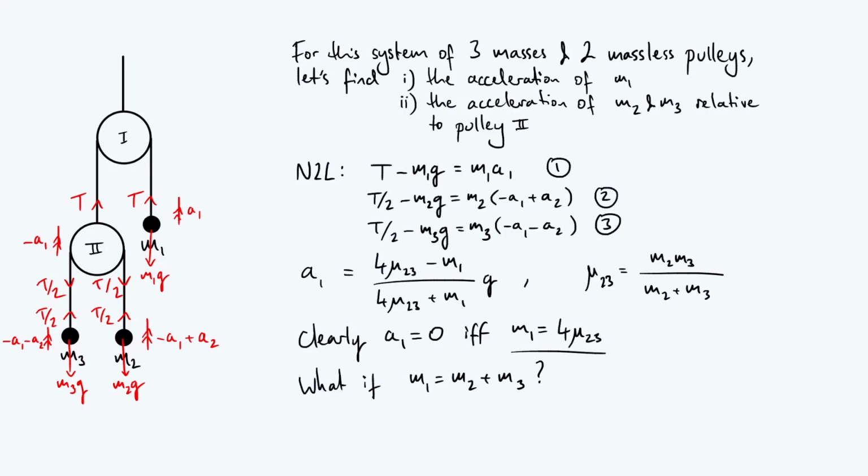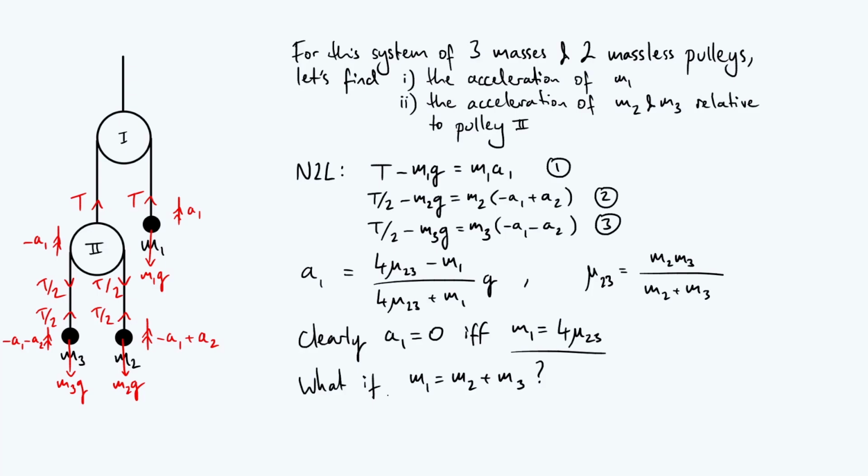A natural, interesting question to ask might be what happens if m1 is equal to m2 plus m3? I'm asking this question because this might have been a naive expectation that we might have had for the equilibrium condition of m1 without going through all of this analysis. So let's suppose that this equality is satisfied, m1 is equal to m2 plus m3.